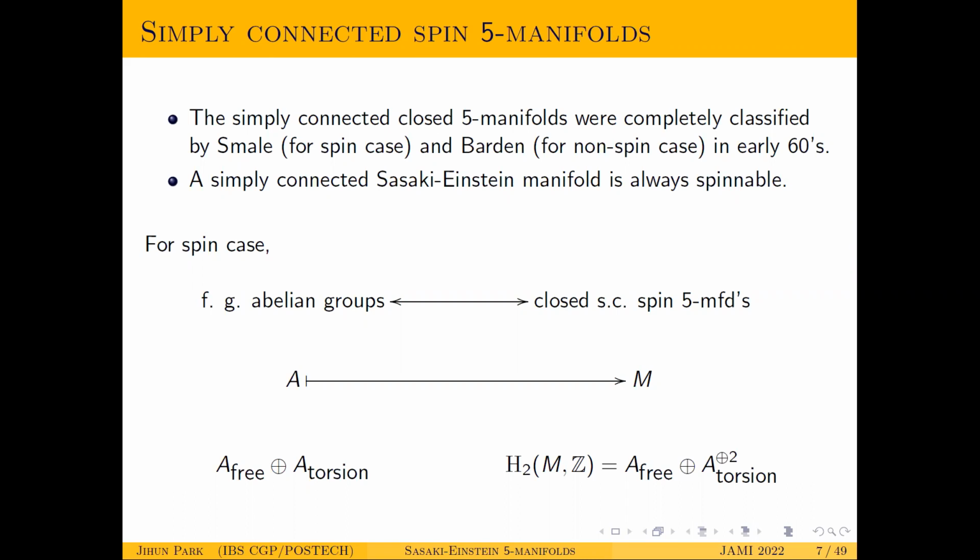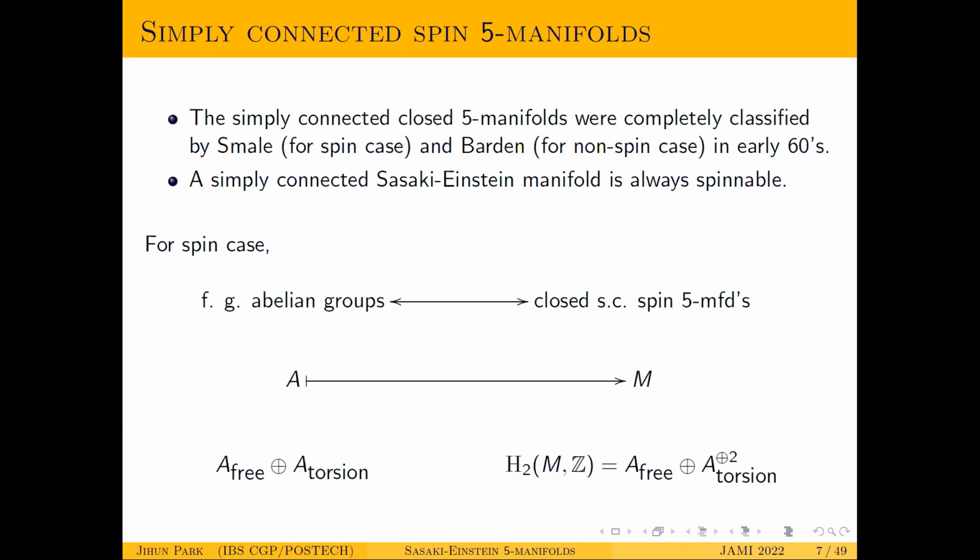Simply connected closed 5-manifolds were completely classified by Smale and Barden. Smale did it for the spin case, and Barden did it for the non-spin case in the early 60s. And every simply connected Sasaki-Einstein manifold is known to be spin, so it always has a spin structure.